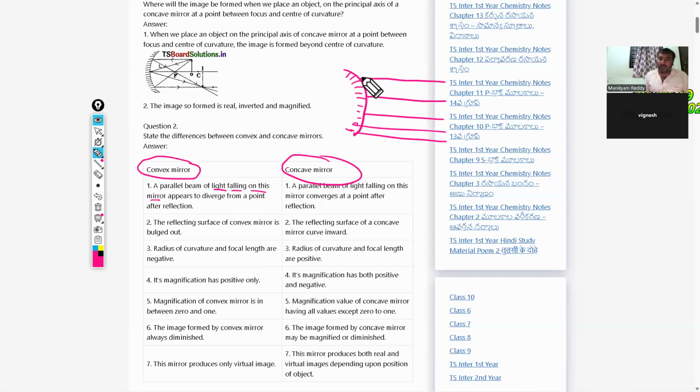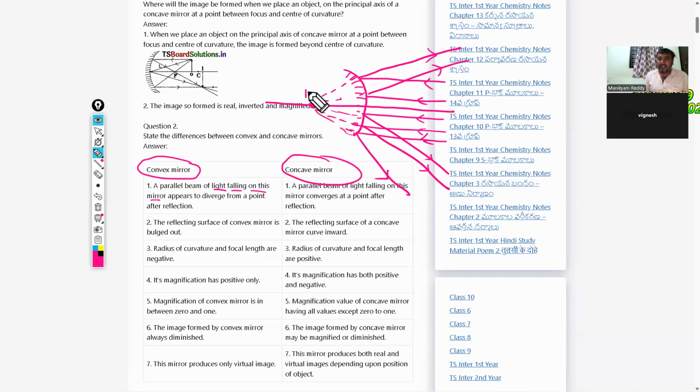These are diverging out, completely diverging out. These are coming in like this, falling on the mirror like this, and diverging like this. And whatever the reflected rays are, they appear to meet at this point.